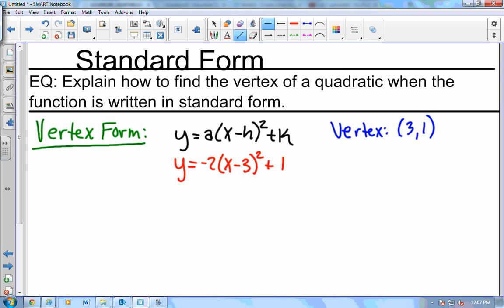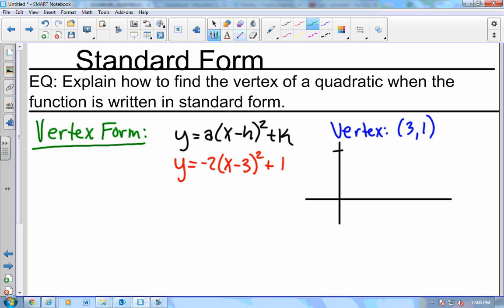So if I graph this guy, oops. One, 2, 3, 4, 5 on the x-axis. One, 2, 3, 4.